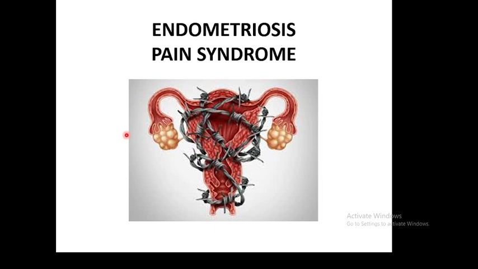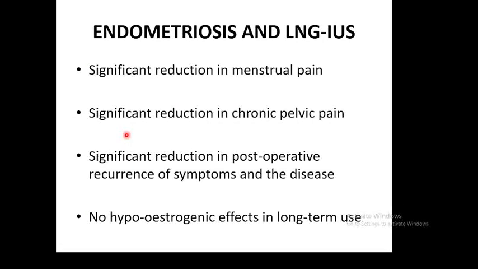The other entity, just like fourth generation progestins which I discussed, is the place of LNG-IUS in endometriosis. Significant reduction in menstrual pain, significant reduction in chronic pelvic pain if the disease has progressed.